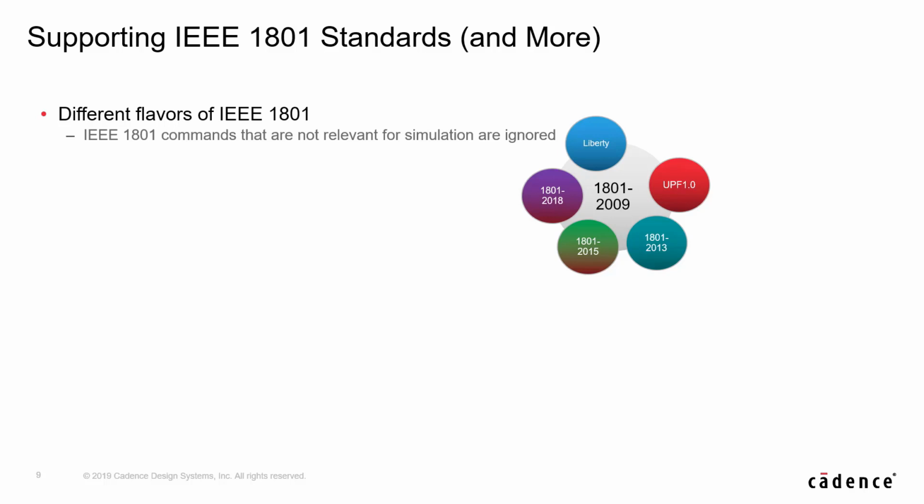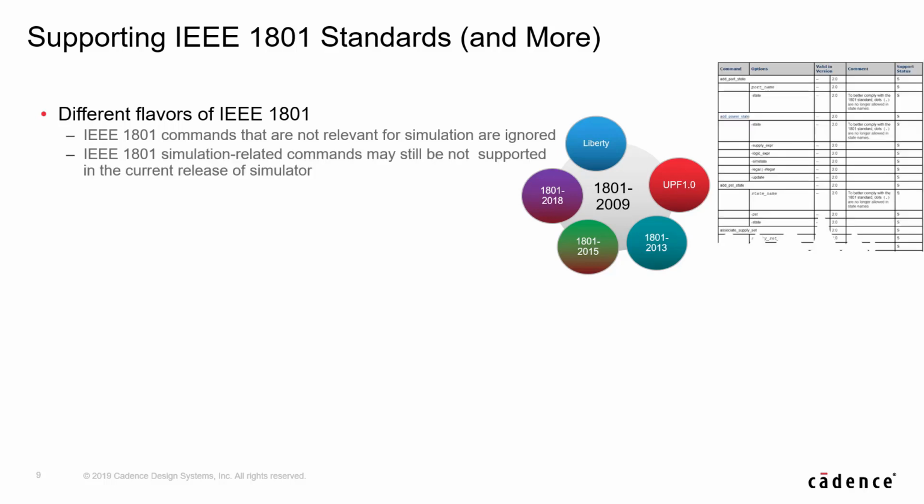This Cadence simulator, first, will ignore all the 1801 commands that are not relevant for the simulation. It will silently ignore them. Second, of course, this 1801 standard is a big bucket of a number of commands. You may have options from time to time that are not supported and on which we provide a guideline.